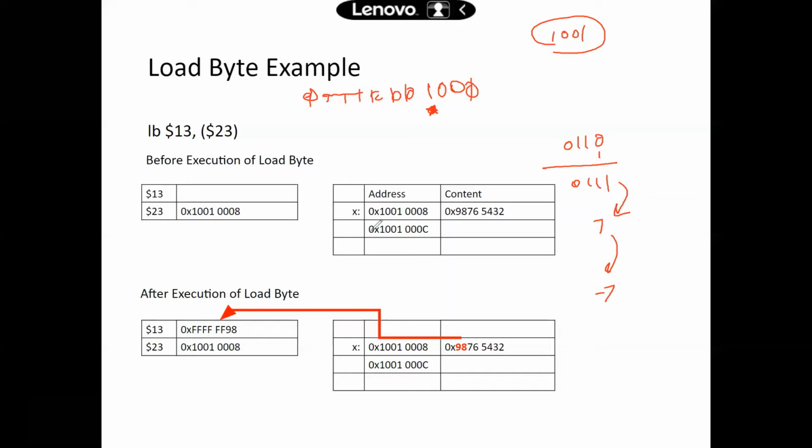Okay. So let's do another example. What if I was not doing 1001, but 1111 and then 1001?